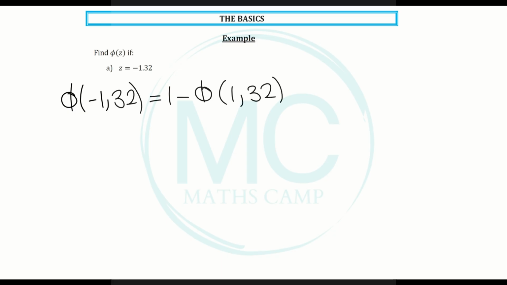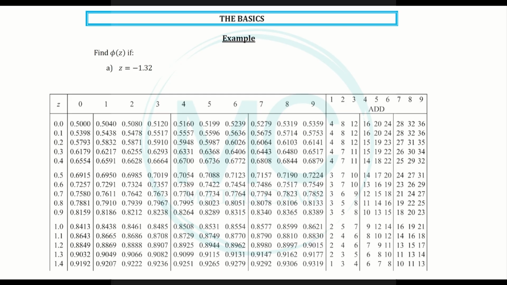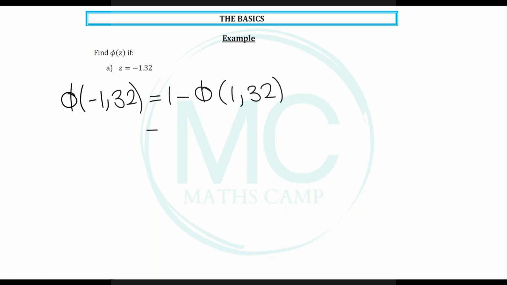1,32. Now I can use my distribution table. I have 1,3, find my 2, and I get 0,9066. Keep all 4 digits. So now I can say that this is equal to 1 minus 0,9066.